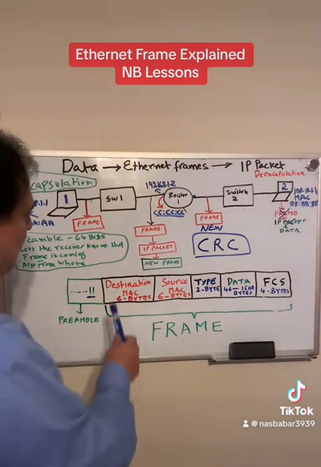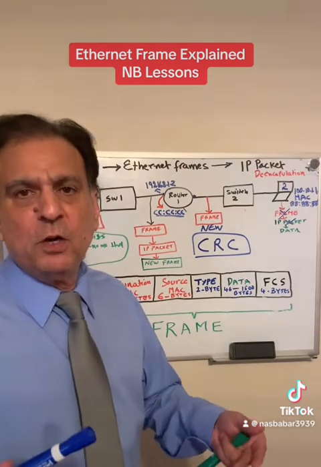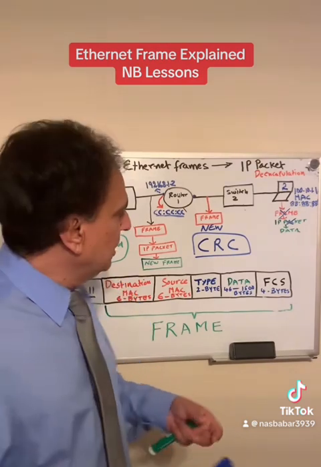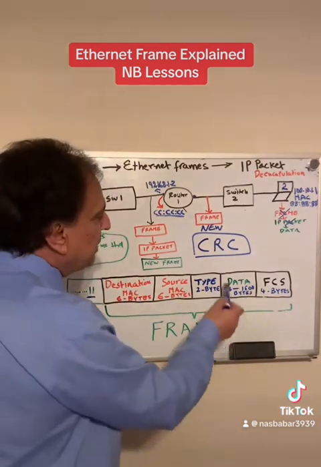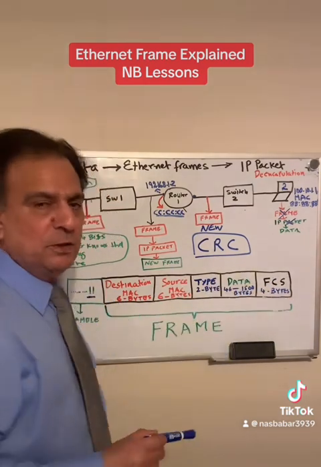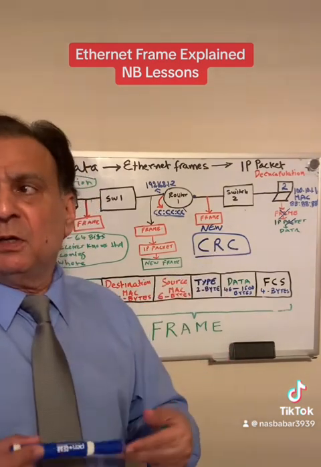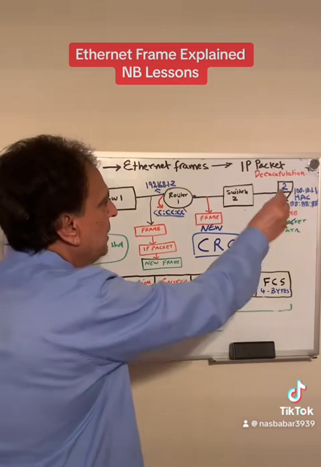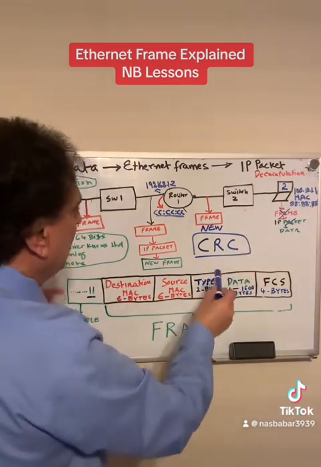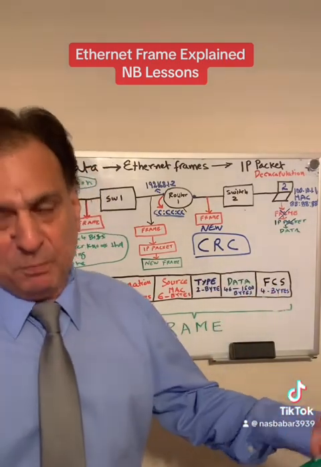Once again, you have destination MAC, you have source MAC, you have type 2 bytes, which basically tells you what type of version it is, IPv4, IPv6, and so forth. Actual data is right here, and this is basically the frame check sequence, which uses CRC, cyclic redundancy check, a mathematical algorithm to calculate the number, and that number has to match. Both sides will run the mathematical algorithm, and both sides have to see the same number. If not, then you've got a problem.